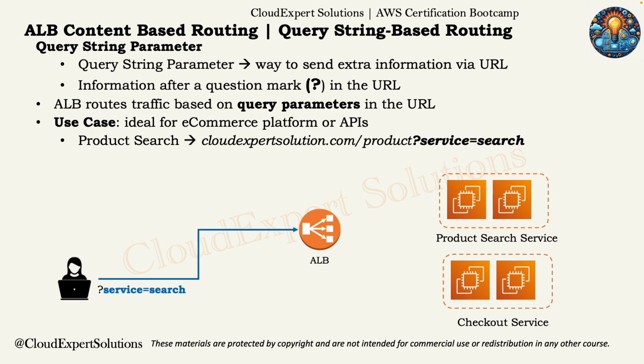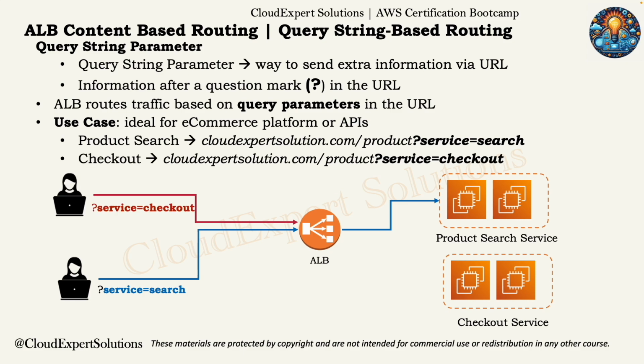Any incoming traffic with product search request with a query string parameter like service equal to search, application load balancer will route the traffic to product search target group. On the other hand, if you have user traffic with checkout, that is the traffic with service equal to checkout query string parameter, then application load balancer will route the traffic to checkout target group.